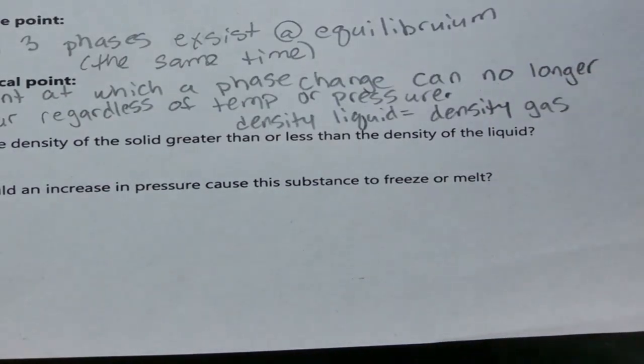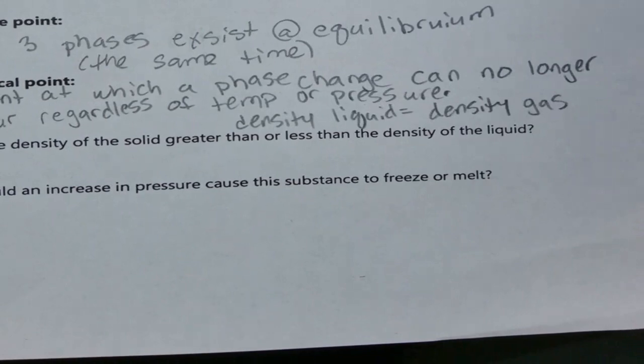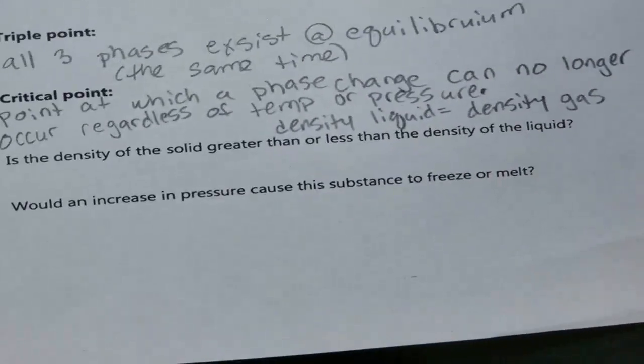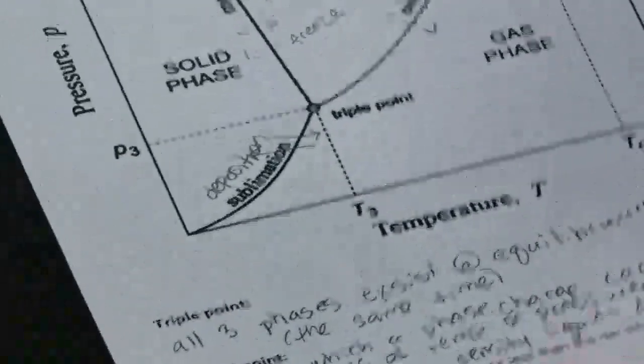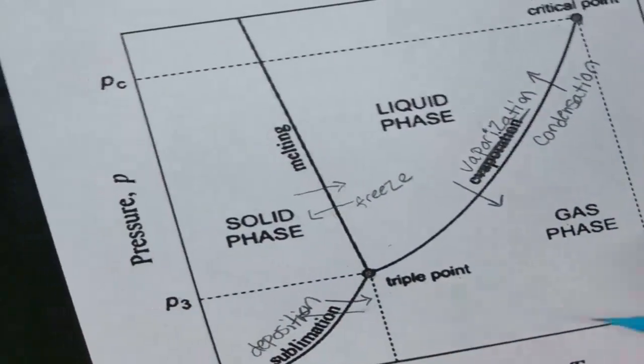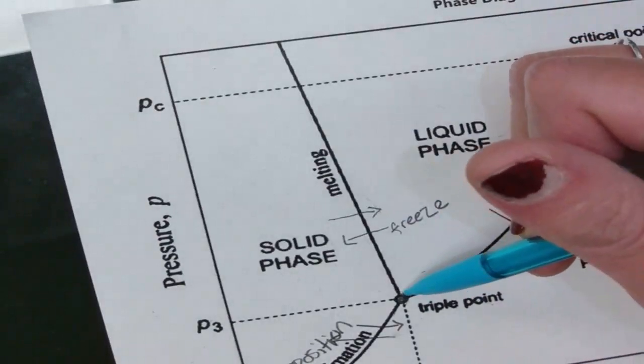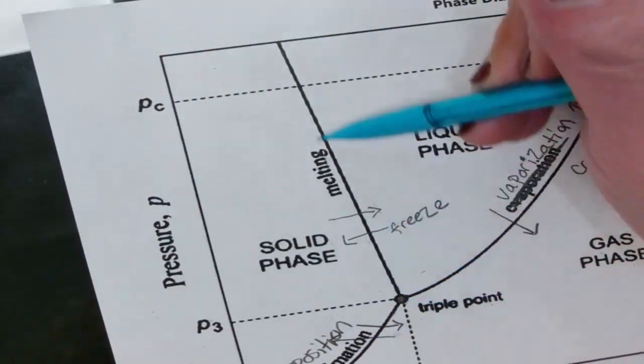All right, so our next question asks us, is the density of the solid greater than that of the liquid, or less than? So what we're going to do here is look at the slope of our line. The slope of this line is negative.